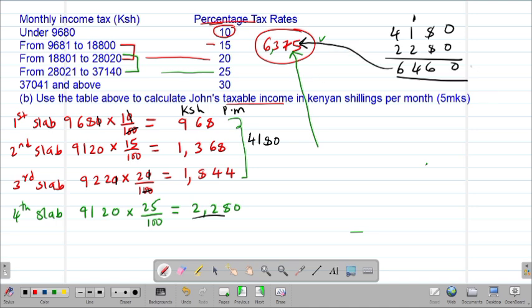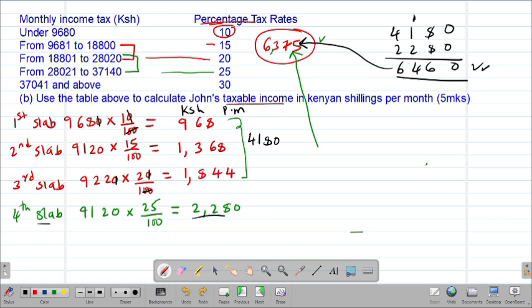So this is simply suggesting that we are supposed to treat the fourth slab as the last slab, because the total amount on this side should never exceed the gross tax. So you compute the amount and check it against your gross tax.